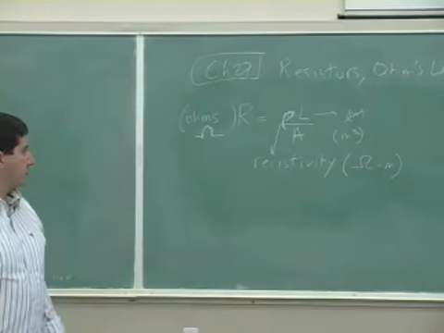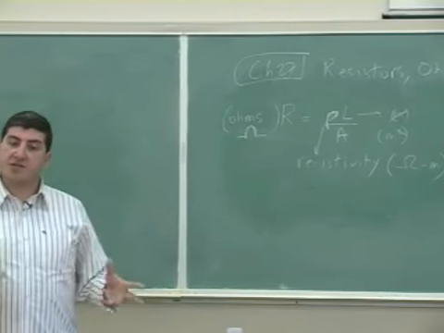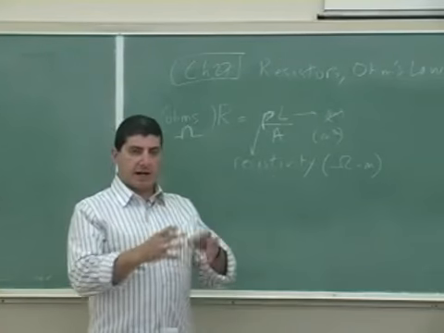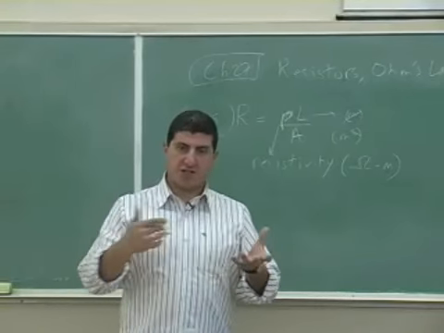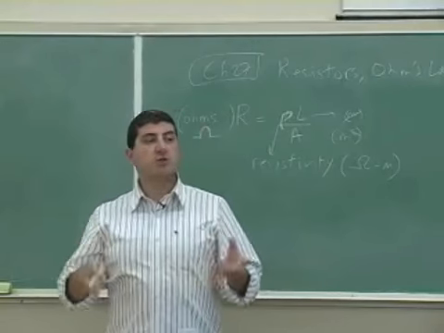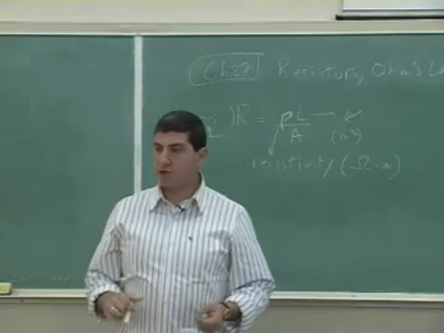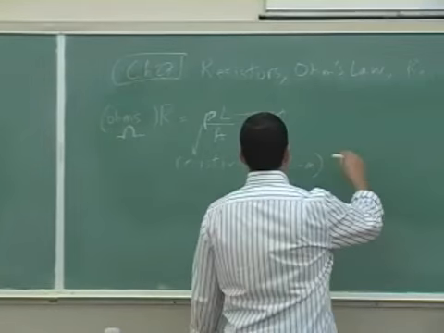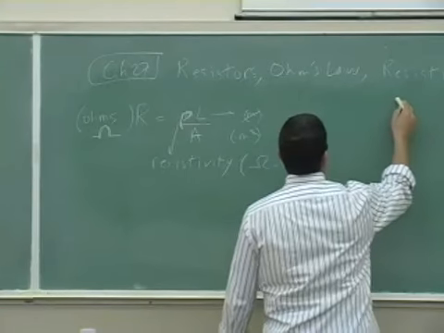So what is this thing called resistivity? Well, resistivity is a measure of how much the material that is conducting electricity resists the flow of electrons. Okay, so if you look at a table in your book, there should be a certain place there where they give you the table of resistivity.